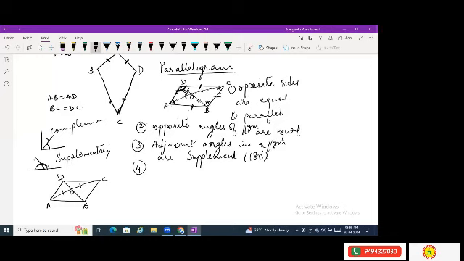Bisect means dividing into two equal parts. Okay? You understood this much? Yes, ma'am. Similarly, AC is also a diagonal which will divide BD into two equal parts. Right? Yes, ma'am. Okay. So this is the property that the diagonals bisect each other. Okay, ma'am.